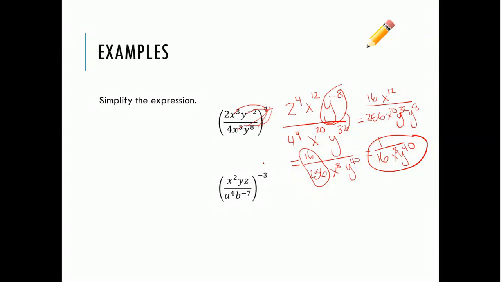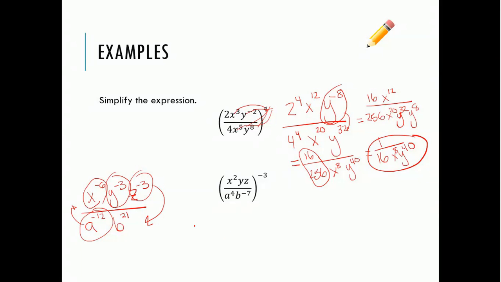Let's do this second problem here. So let's give that negative 3 to everybody. So I'll have x to the negative 6, y to the negative 3, z to the negative 3, all over a to the negative 12, and b to the positive 21st, right? Got a lot of movers here. So we have to move him, him, him, and him. So this guy's going to go to the top.